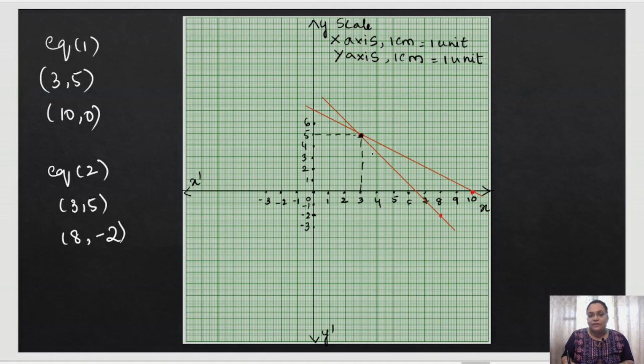So this is the intersection point. From the graph we can say that these 2 lines are intersecting at 3 and 5, which is x and y. Therefore the cost of one pencil, that is x, is equal to 3 rupees, and the cost of one pen, that is y, is equal to 5 rupees.